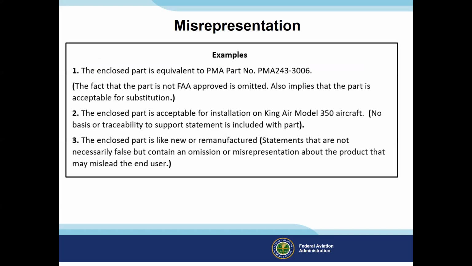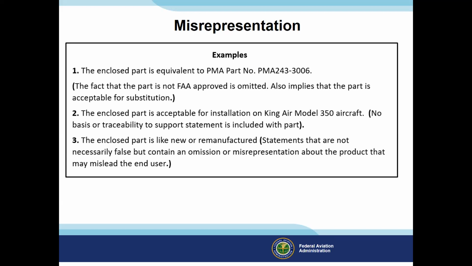Here are some examples of misrepresentations or misleading statements that you may run into. The enclosed part is equivalent to PMA part number 2234-3006. That is a statement, but the fact the part is not FAA approved is omitted. Also, it implies that the part is acceptable for substitution.